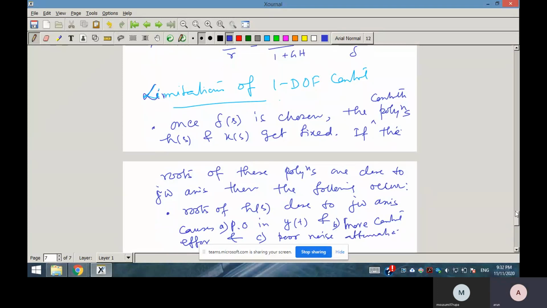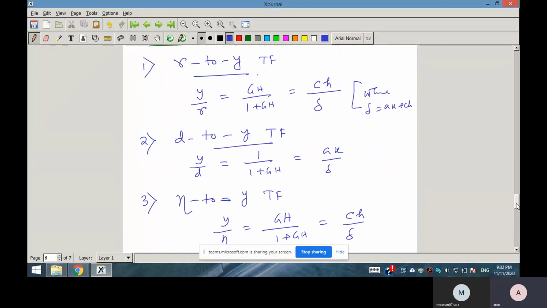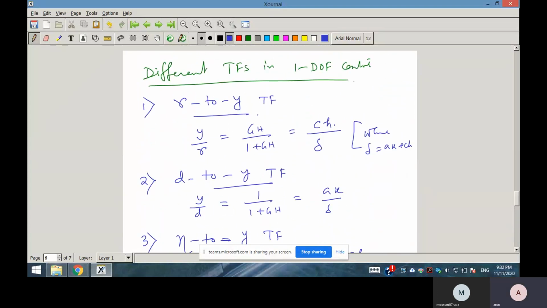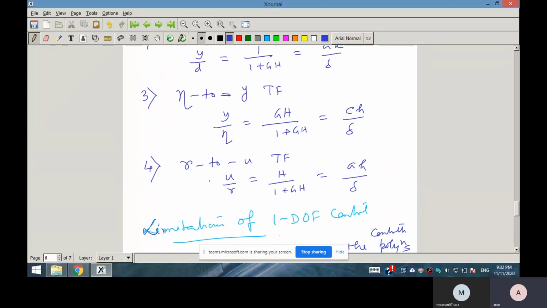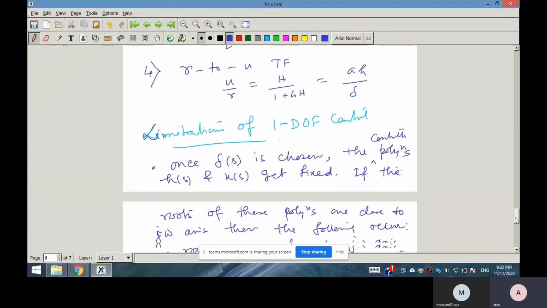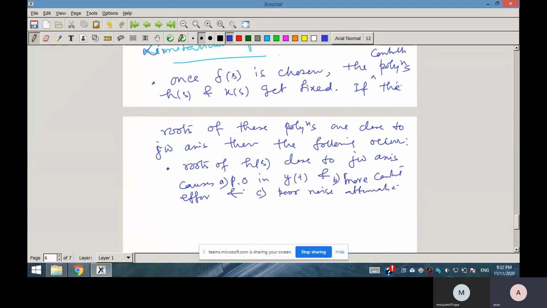That you can easily see. HS appears in y by r, u by r, and y by eta. That's why these three problems will occur.